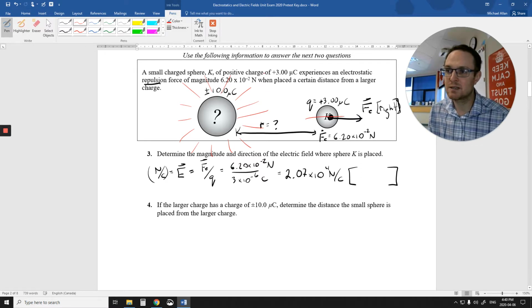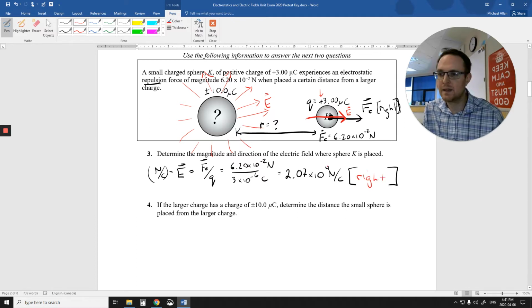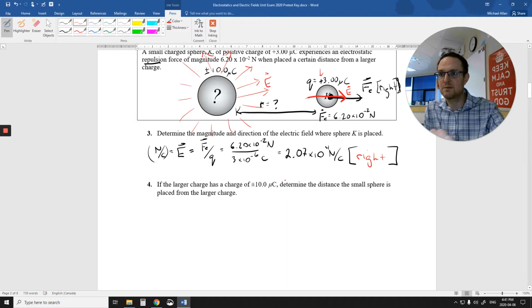The lines are determined by the direction a positive charge would move. Because this is a positive charge, the field is in the same direction as the force. So that's the field there. So all the fields are coming out from this object. So my field is going to the right. Because it's a positively charged object, it's being pushed to the right, and the field is the direction a positively charged object would move.